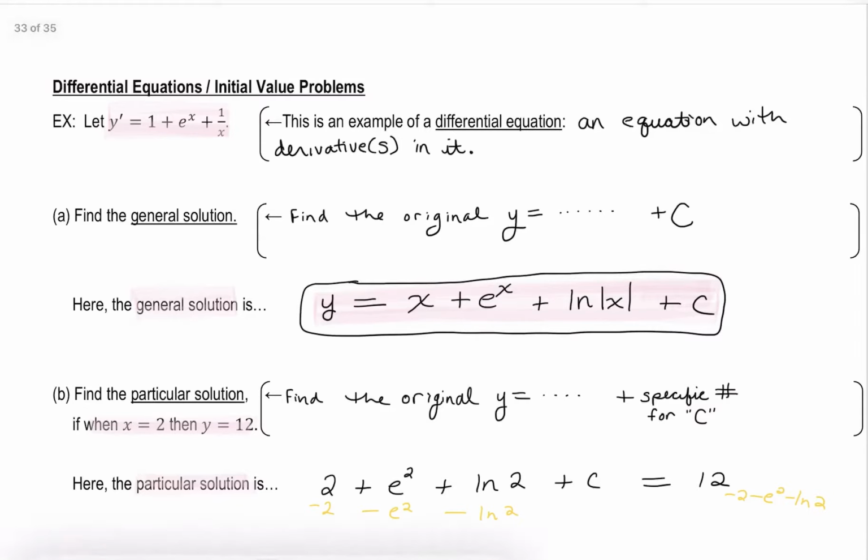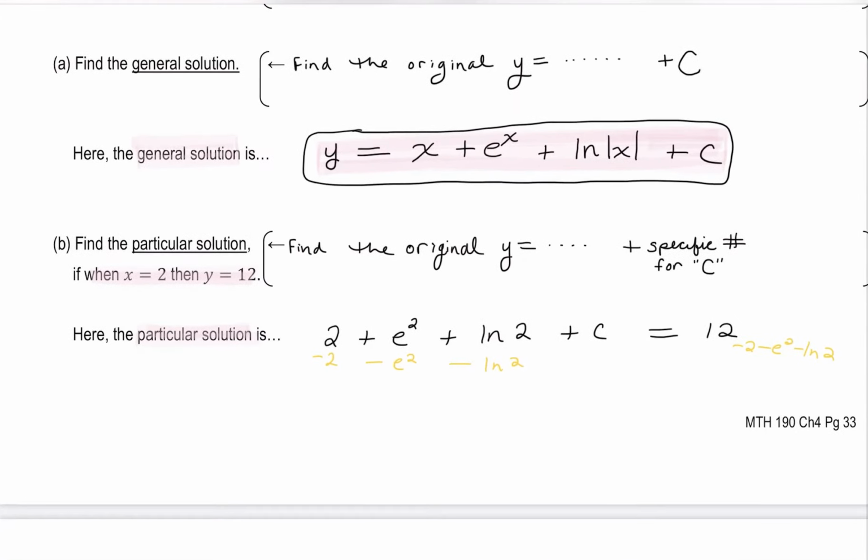And so we now know that C is equal to 12 minus 2. Let's go ahead and actually make that 10, sorry. So 12 minus 2 is going to give us 10. And then minus e squared minus natural log of 2. So not the nicest looking constant, but still just an arbitrary constant there. We're going to leave it in its exact form unless we're prompted to go to decimals.